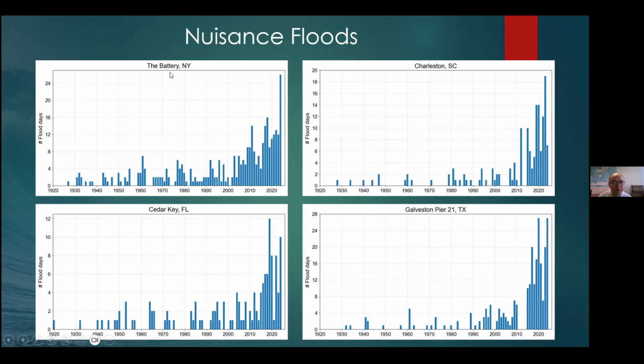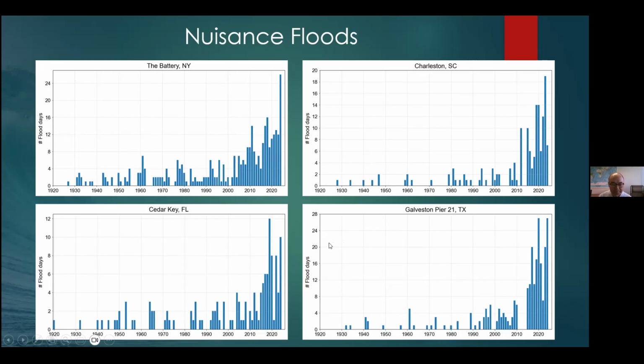For the Battery station, the last year, 2024, is abnormal, right? The total flood days reached 26 days last year. So this by far broke the previous record.